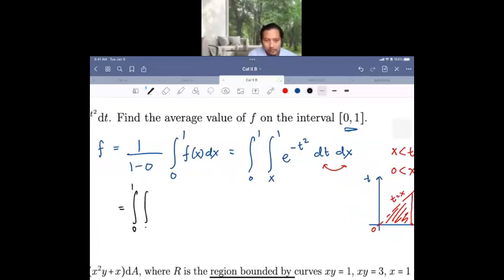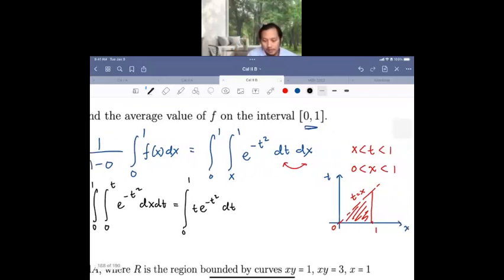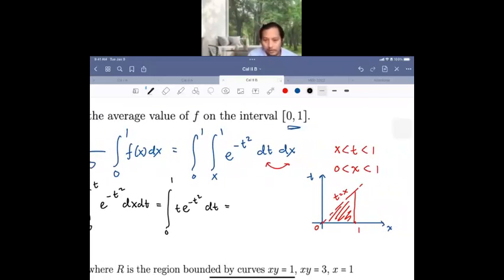So this is from 0 to t, dx dt. And I think it's easier to be calculated. And x, or in this case just t, and I think we can directly approach this and use substitutions, right?